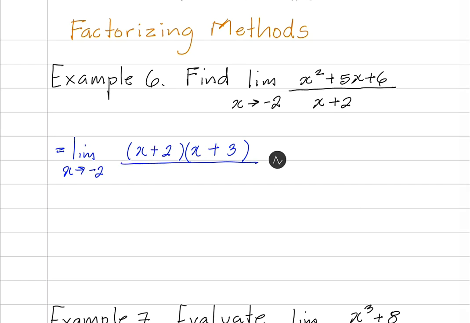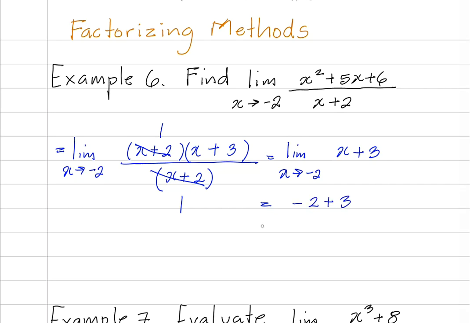And this is over x plus 2. Here, x plus 2 cancels x plus 2. So we're left with the limit as x approaches minus 2 of x plus 3. And now by direct substitution, this would be equal to minus 2 plus 3, which is equal to 1.